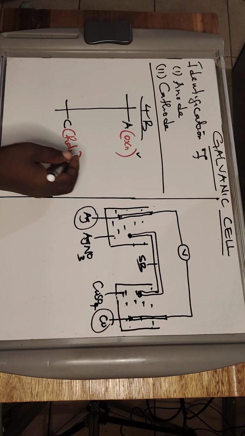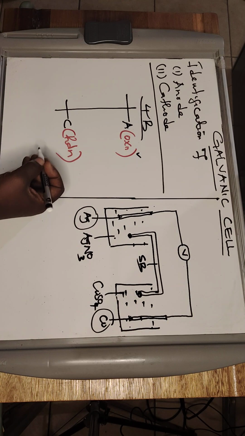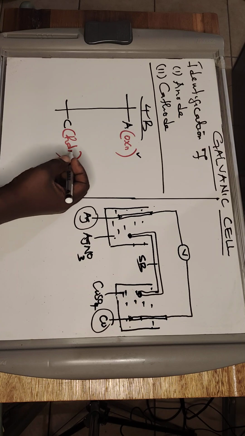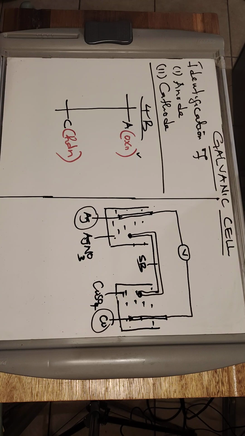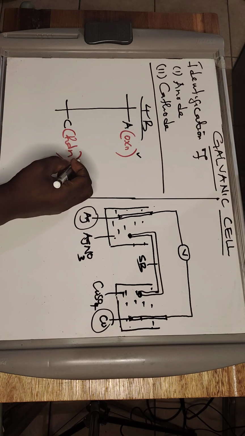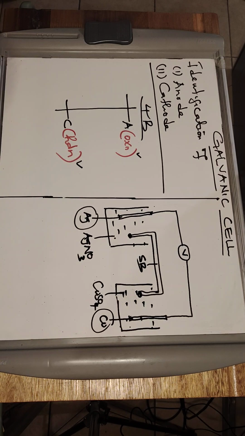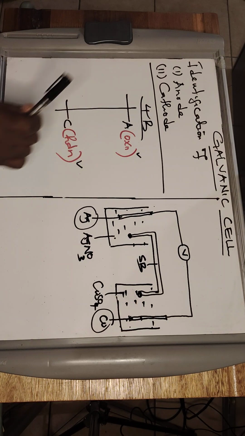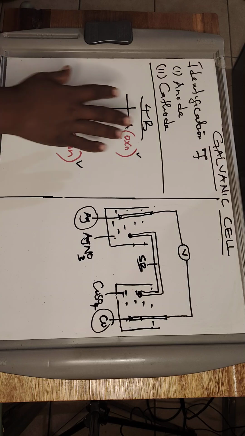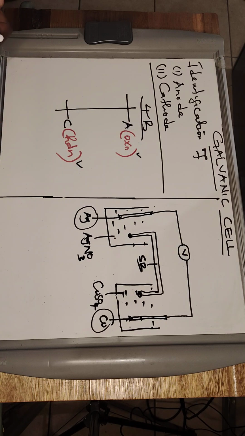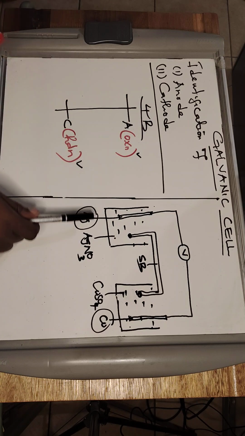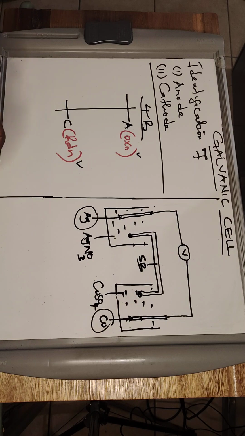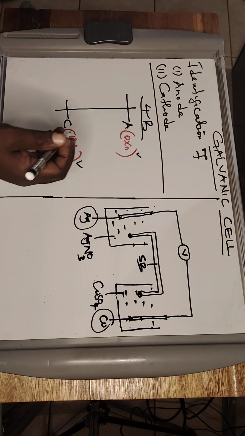And we say that elements at the bottom are strong oxidizing agents. When it comes to redox, the substance which undergoes reduction is an oxidizing agent. So we are having oxidation here and reduction here. That's one way of identifying the cathode and anode. When you look at these two elements we are comparing, which one is on top of the other?